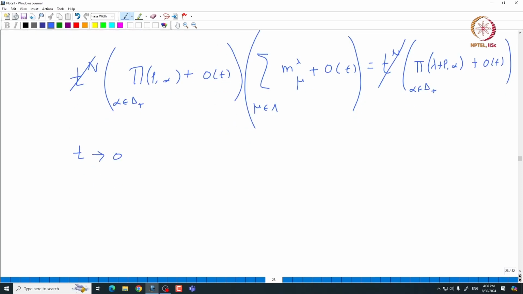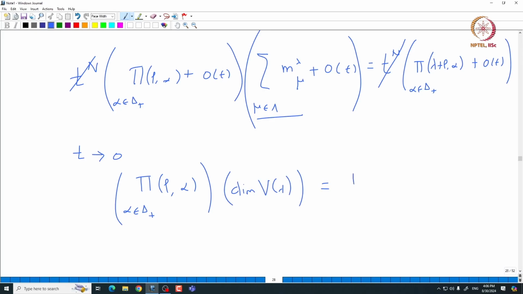Then it gives you exactly the product of (rho, alpha), alpha in delta plus, times the summation, which is going to be the dimension of V lambda, equal to the product of (lambda plus rho, alpha), alpha in delta plus.